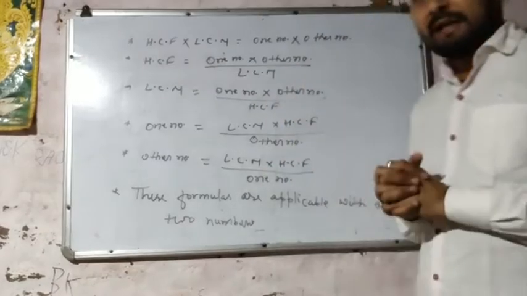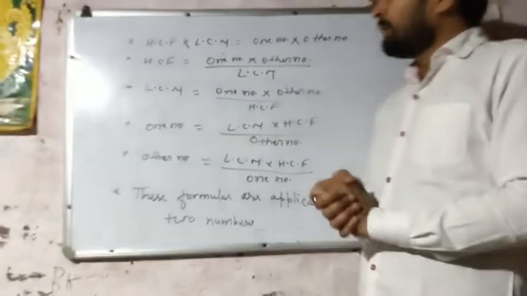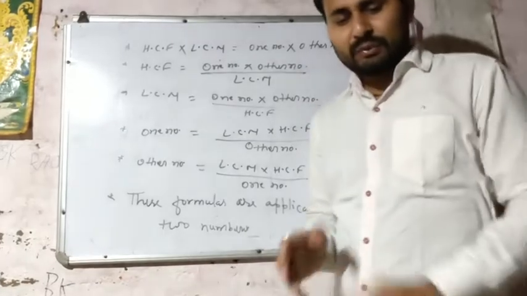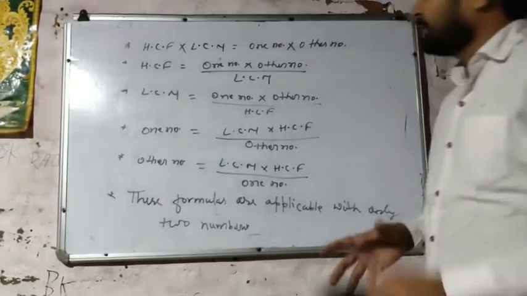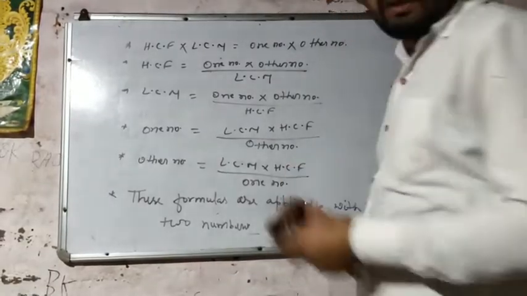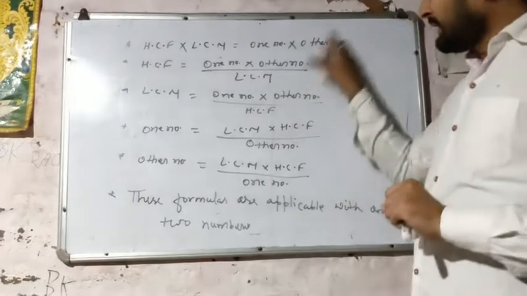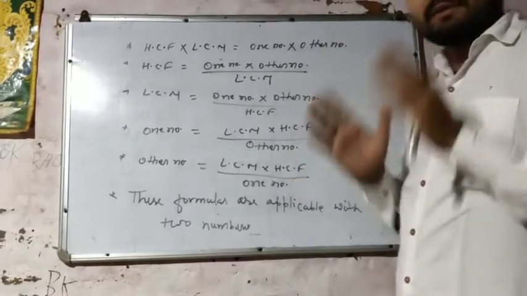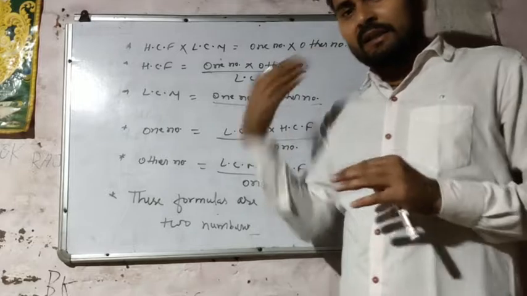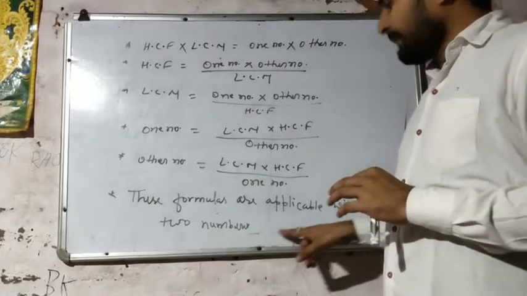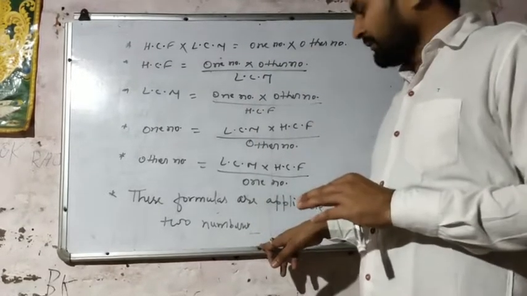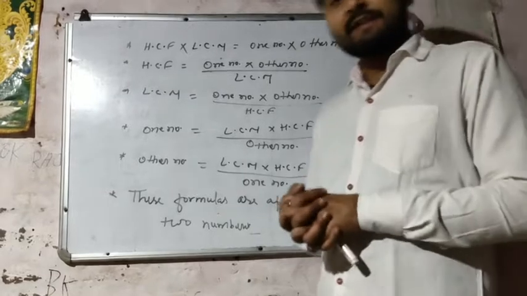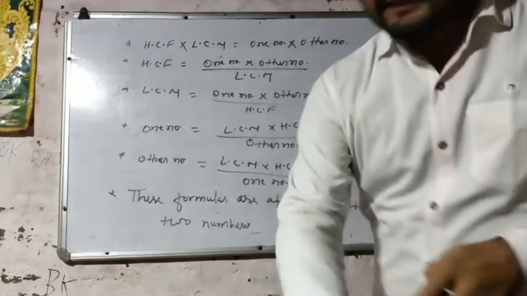One more thing I want to tell: these formulas are applicable with only two numbers. When three numbers are given, we cannot use this formula to find the HCF and LCM of these numbers.